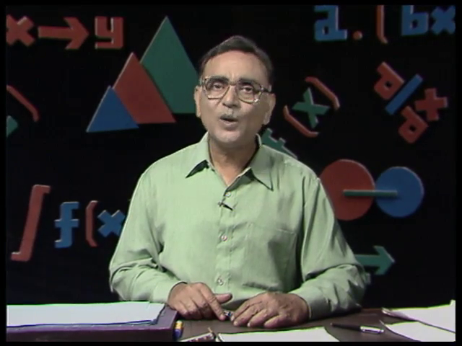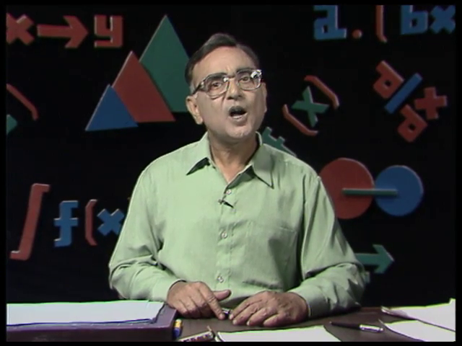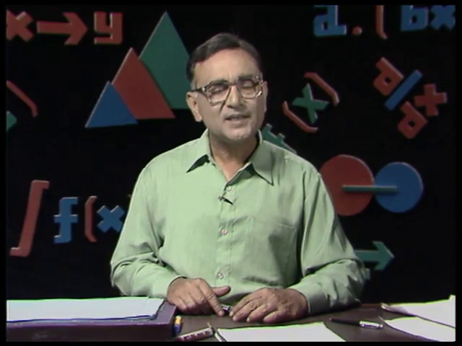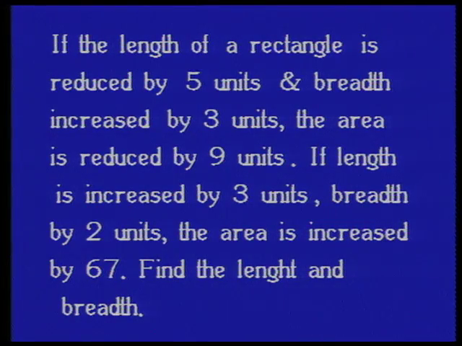So, let us take now another problem which concerns the area of a rectangle. The question goes like this: if the length of a rectangle is reduced by 5 units and its breadth is increased by 3 units, the area gets reduced by 9 square units.